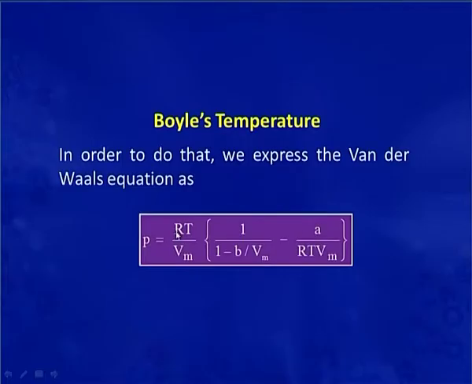In order to do that, we can express the van der Waals equation as RT by Vm into 1 by (1 minus b by Vm) minus a by RT Vm, so long as the value of b by Vm is very small. So we can expand the first term inside the bracket here.